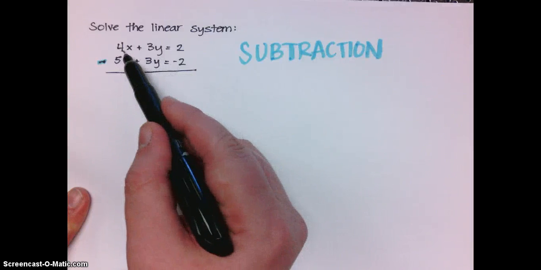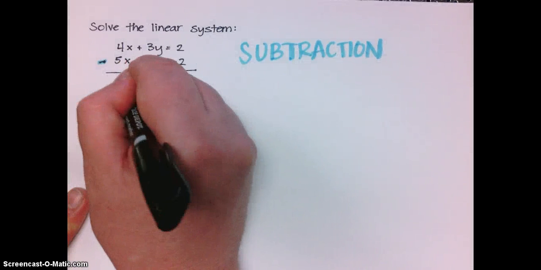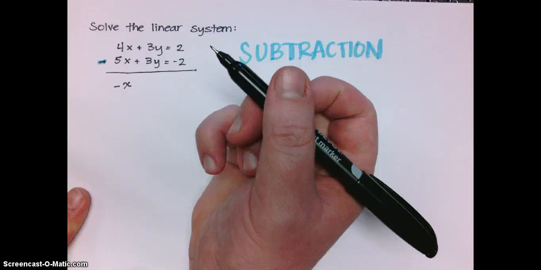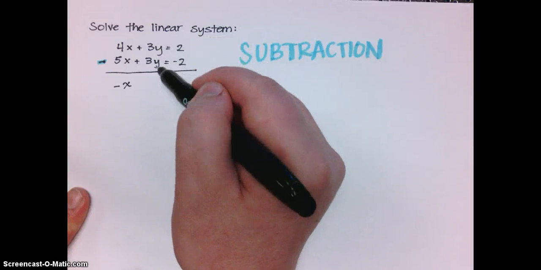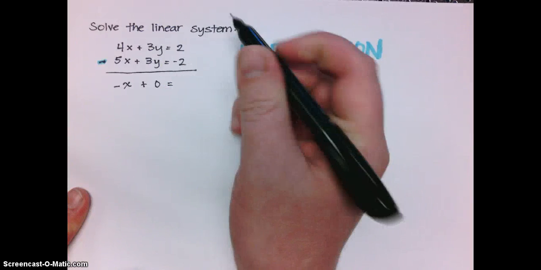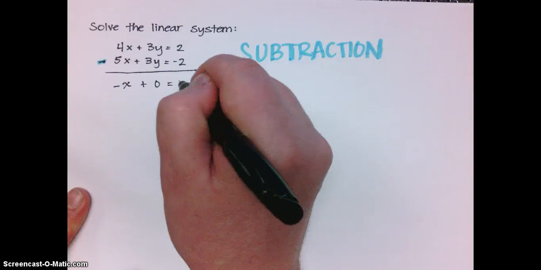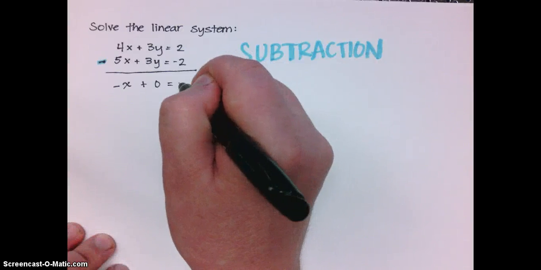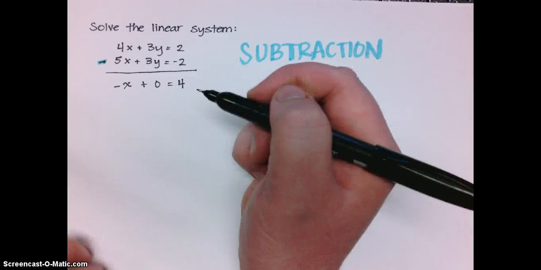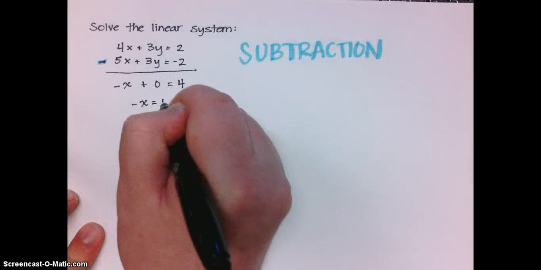So 4x minus 5x is negative x. 3y minus 3y is 0. And 2 minus negative 2 is the same as 2 plus 2, which is 4. So really I have negative x is equal to 4.